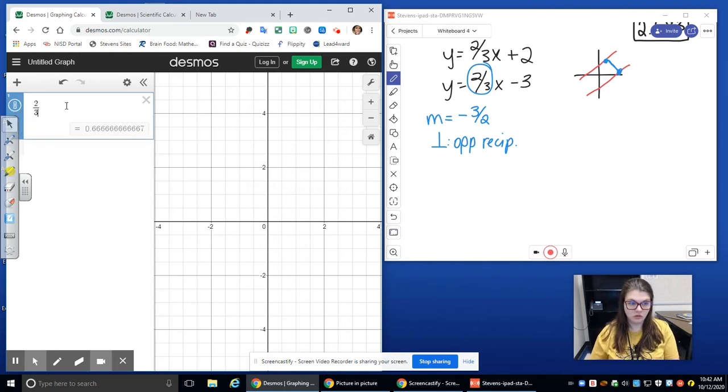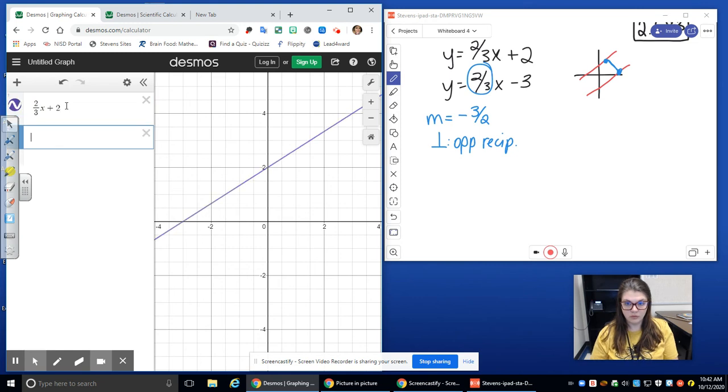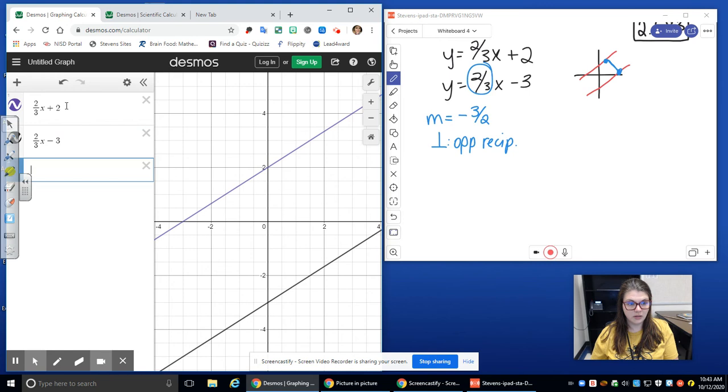So 2/3 x plus 2, 2/3 x minus 3, and then last, we have our perpendicular slope, -3/2x. My little sketch looks very similar to what they give me here.